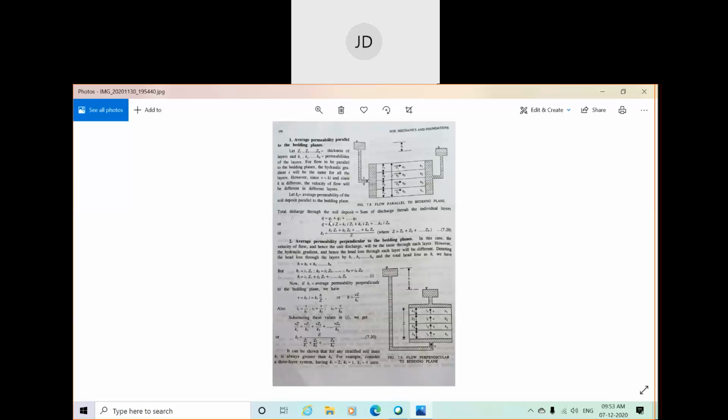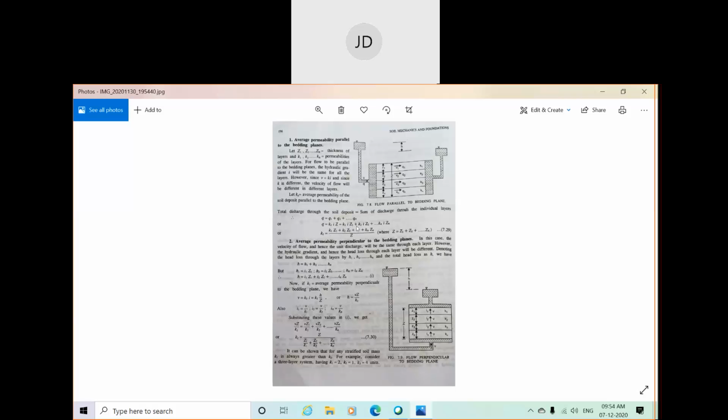Now, for q1, the discharge through layer 1, q1 can be written as kiA. For layer 1, k is represented by k1. Hydraulic gradient i is the same for all layers, so i only. And in place of A, we write Z1 into 1, which represents the cross-sectional area.